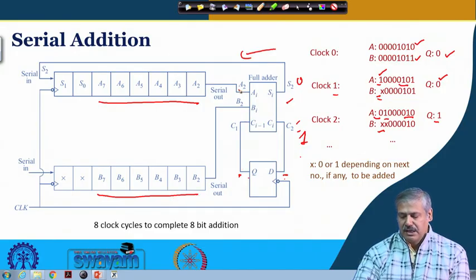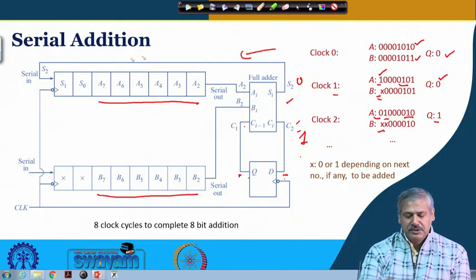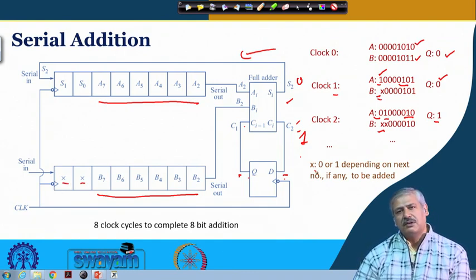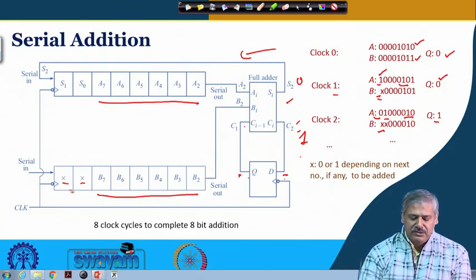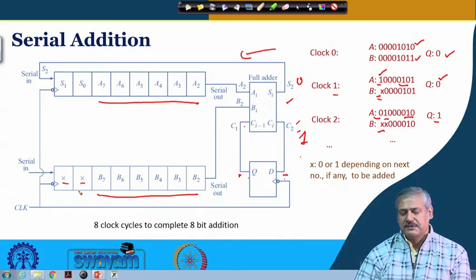These are A2, B2 and C1, that is the carry of the previous addition, of bit number 1; A1 and B1 addition is over here, and S2 is entering with the next clock, clock 3. In these two places, the next number or some junk value enters, or we do not care which value is entering in this particular place.